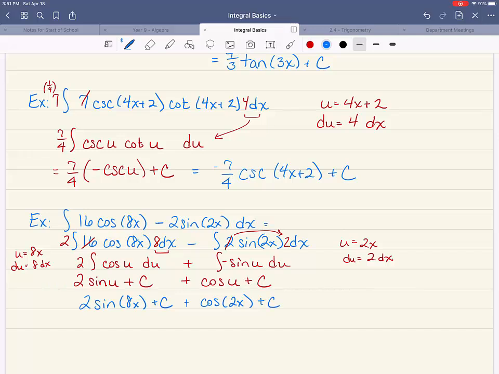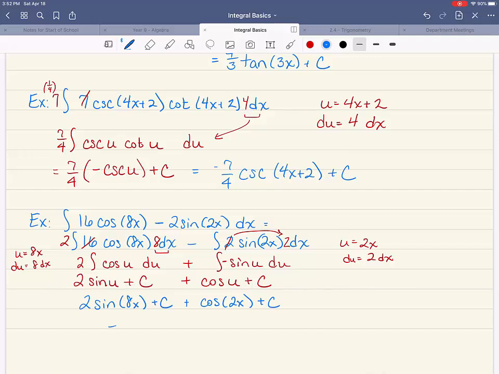Now, if I were to combine those c's, is that really 2c? Well, not really. C is what I call a magic C. Until C is evaluated, it represents a constant. I don't know what it is, but it's a constant.